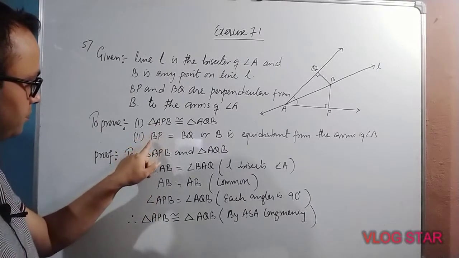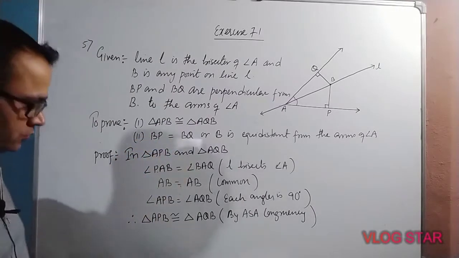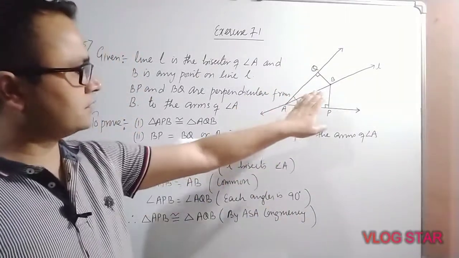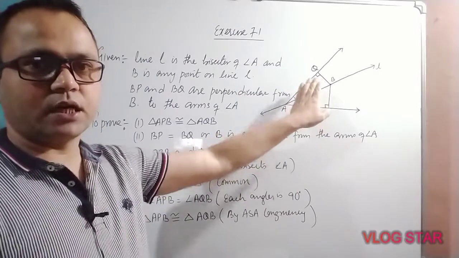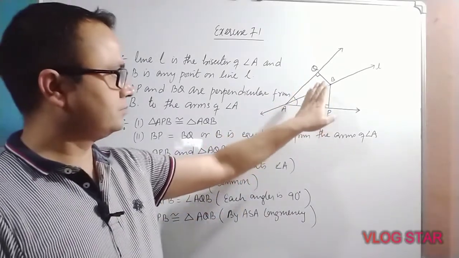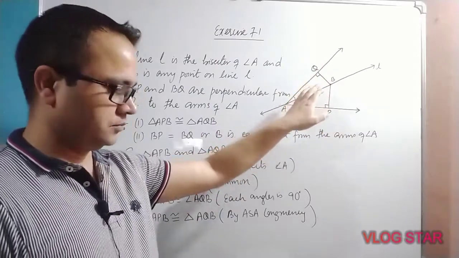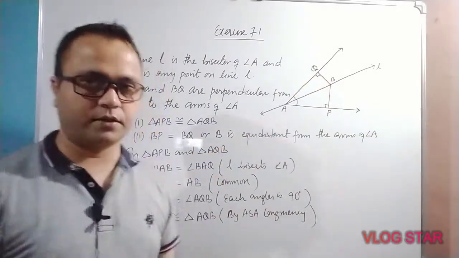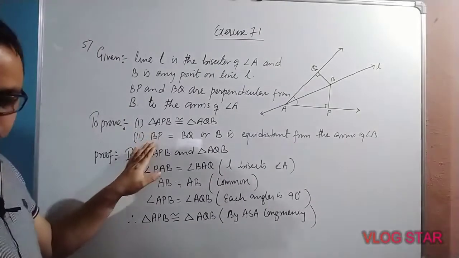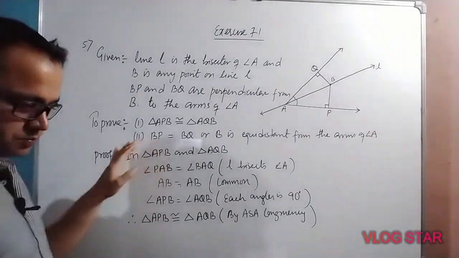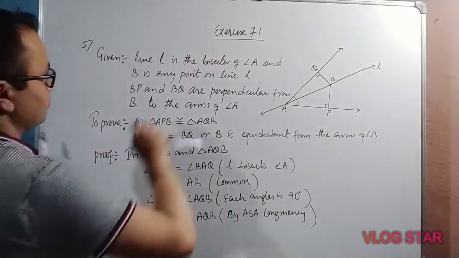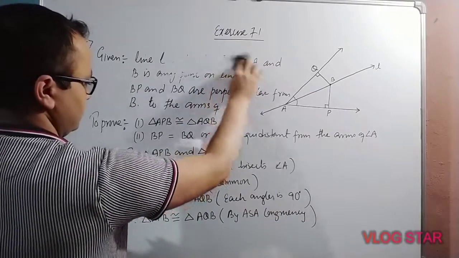Now we have to prove BP equals BQ. If the triangles are congruent, then the corresponding sides and corresponding angles are equal. So by the property of CPCT, we can write BP equals BQ.